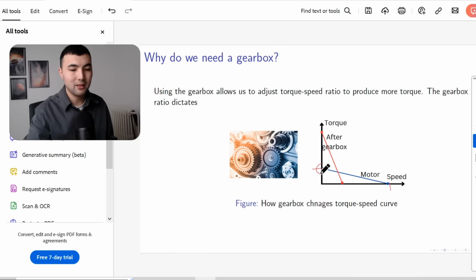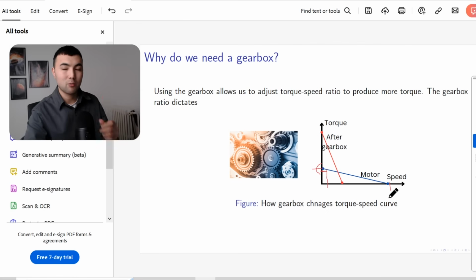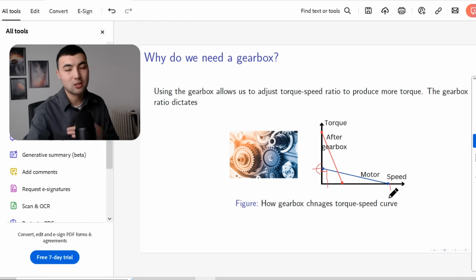Once we apply a little torque, based on this curve, we have little speed. Just barely touching the motor, I can stop it rotating. So what it means is that applying the motor without a gearbox is usually useless. There is not much torque it can generate.